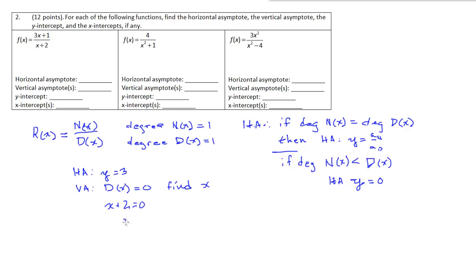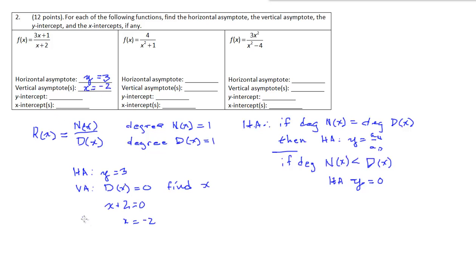And so subtracting 2 from both sides, we get x equals negative 2. It is a line, so we need to write it as the equation of a line. So the vertical asymptote for this function will be x equals negative 2.